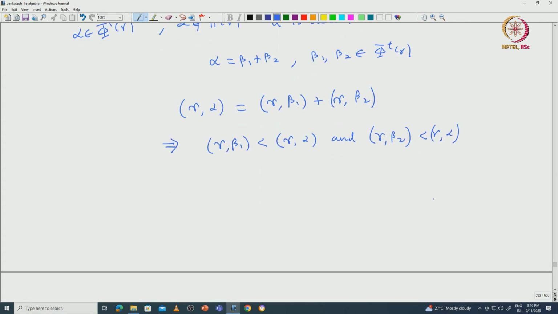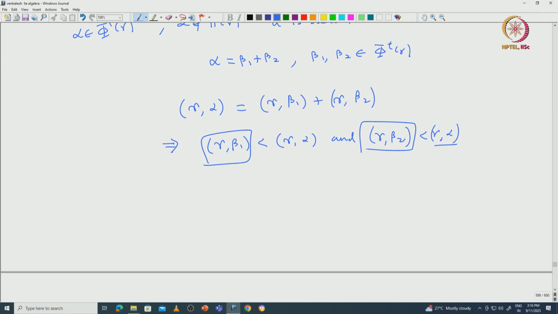Now, by induction, in some sense you can call this a height. The height is just gamma alpha. It may not be an integer or anything, but it is some quantity that measures something related to alpha. That quantity goes down for beta 1 and beta 2.